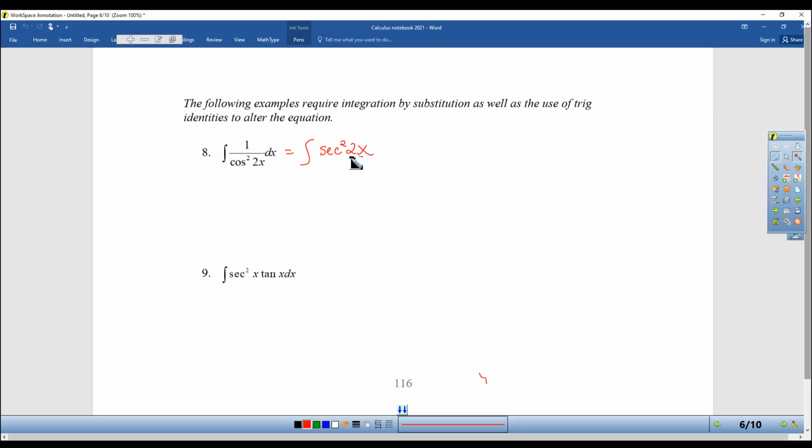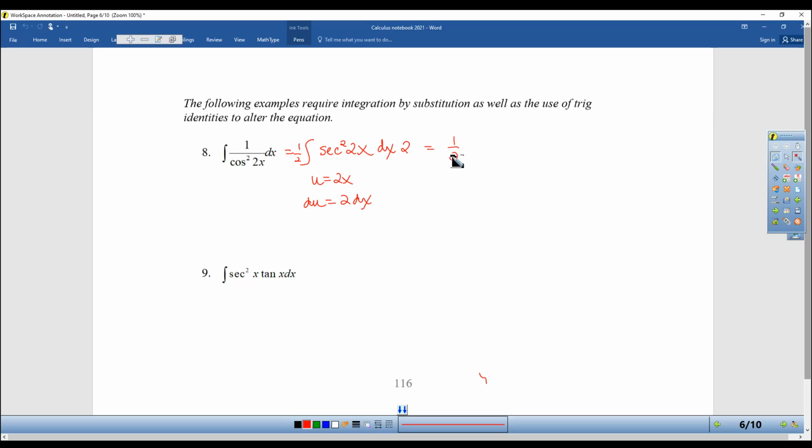And now that I've done that, I do know the integral of secant squared, and I was going to start to write tangent, which is what the answer is going to be. But I need to let my u be 2x. So du is equal to 2 dx. I don't have a 2 dx, I just have a dx. So I'm going to add a 2 and a 1/2.